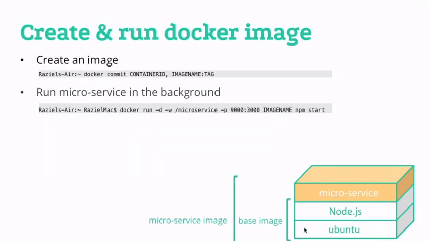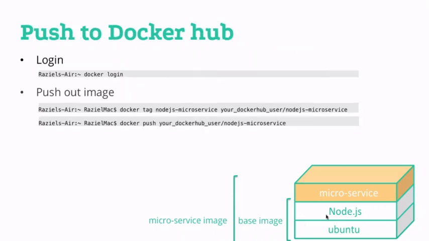Then we created a new image that includes all of these layers. The last step will be to publish our Docker image of the microservice to Docker Hub, so it can be easily consumed by everyone who's searching for images in Docker Hub.